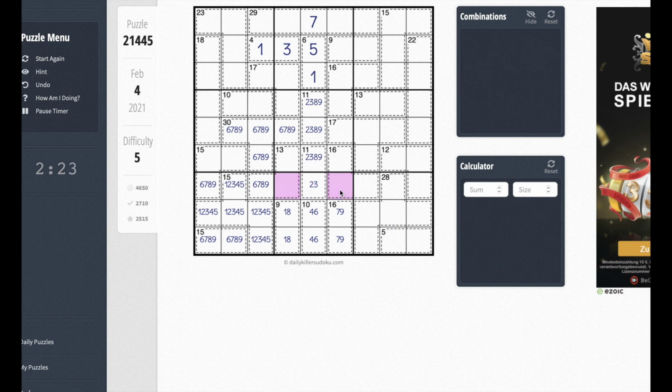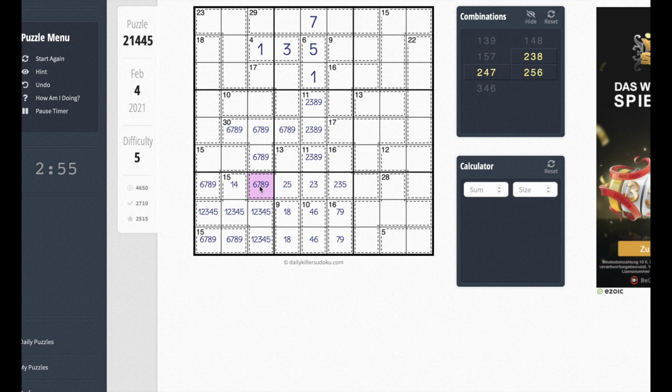Okay, and here we're missing a 5 in either, and then the other, whatever is 2 or 3, although it can't be 3 there. So 2, 3, 5 can come out of there. That's got to have either a 2 or 5 in it with a 6, 7, 8 or 9. So 2 or 5.